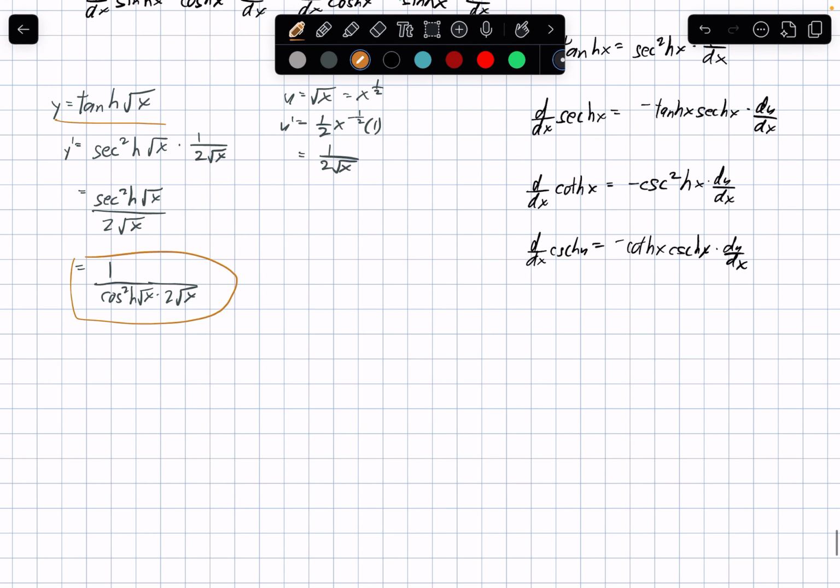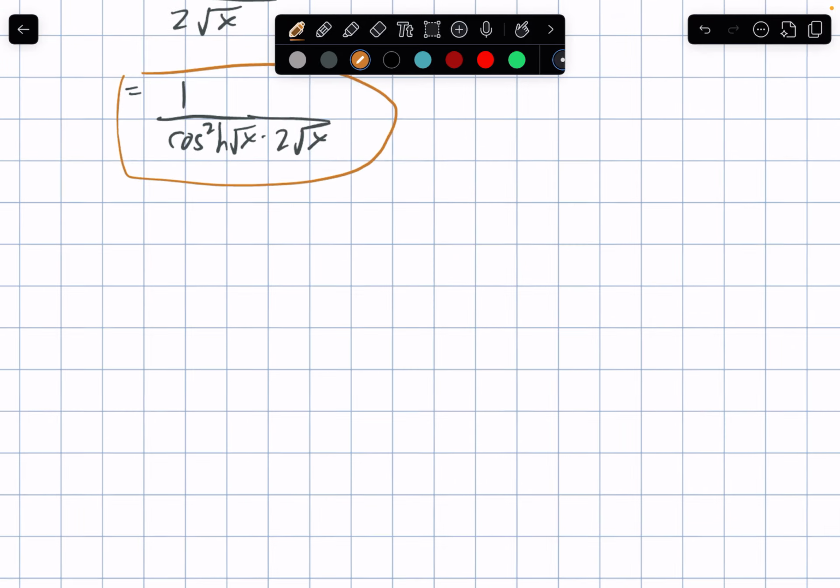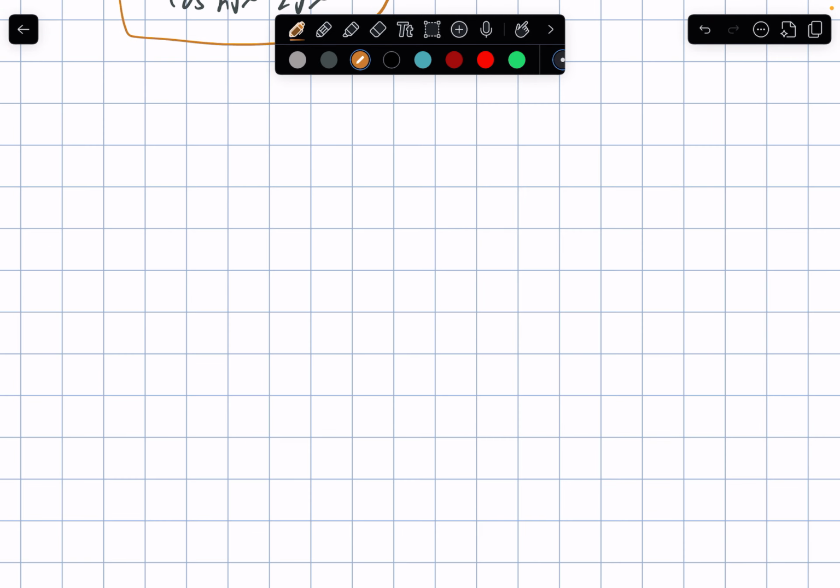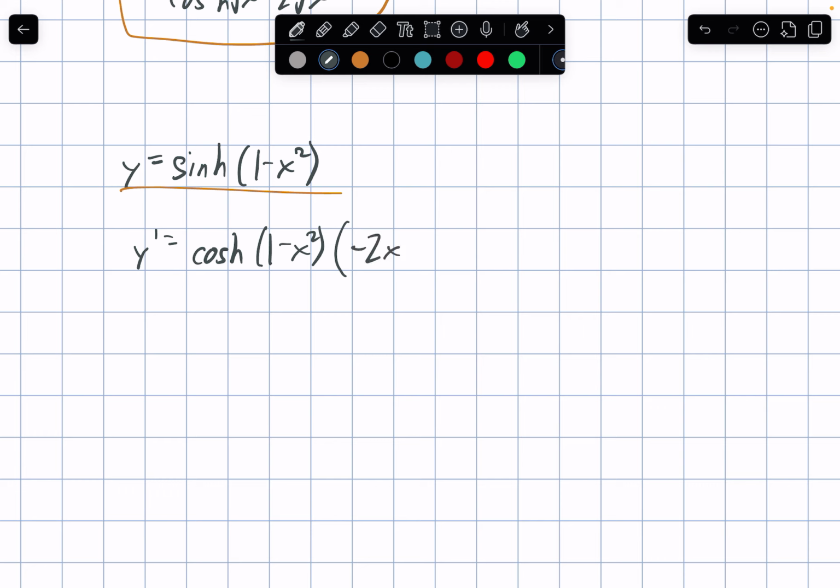Next. Okay. Sample problems. Let's try this. So, cosh x, and then the derivative of what's inside this, so it's going to be negative 2x.